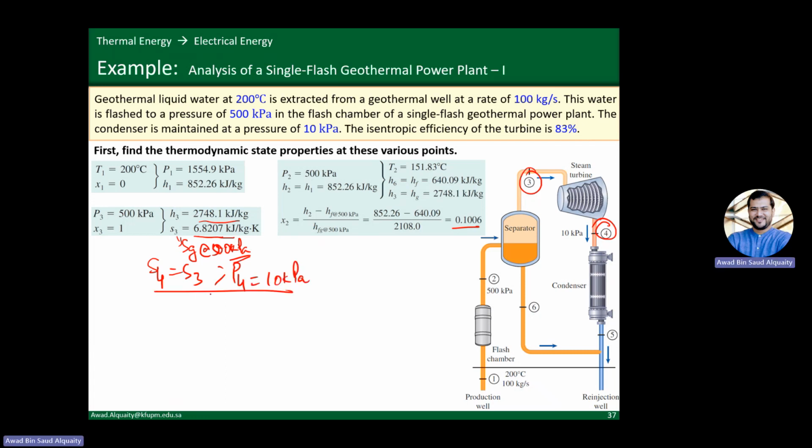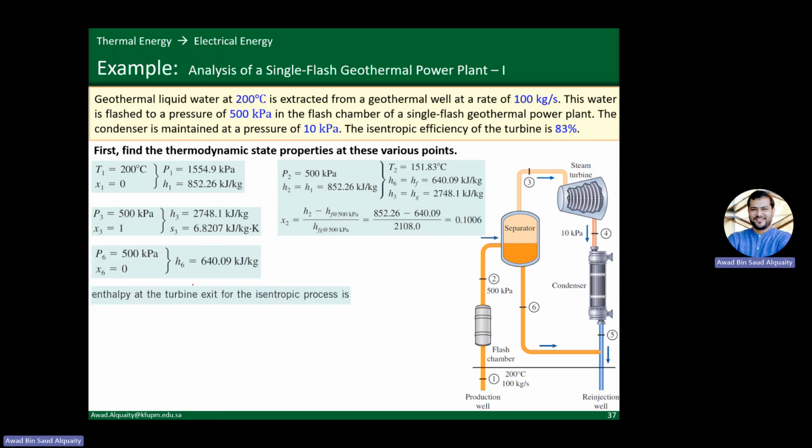So using those two pieces of information, we can find out the thermodynamic properties at state four, right? But remember, those are the ideal properties because we assume the expansion to be isentropic, which is not the case. So for finding the enthalpy for the isentropic process, take pressure P4 and S4 equal to S3, and S3 is what we found here.